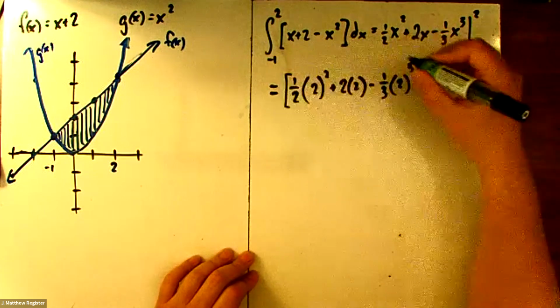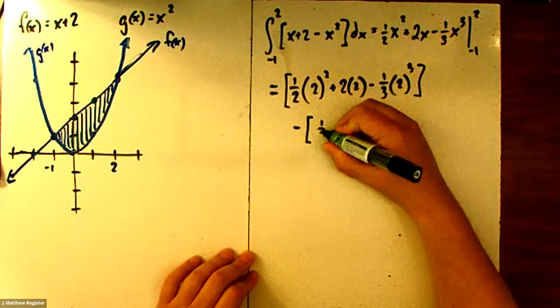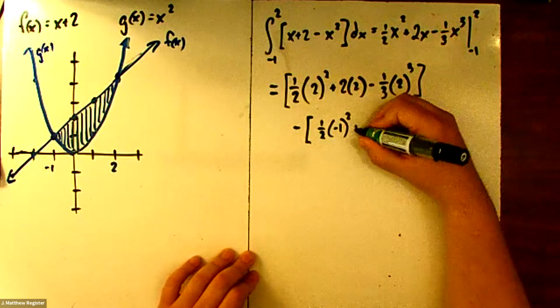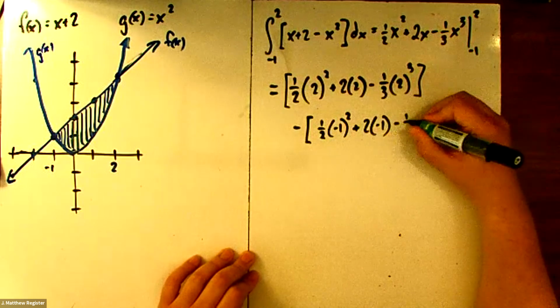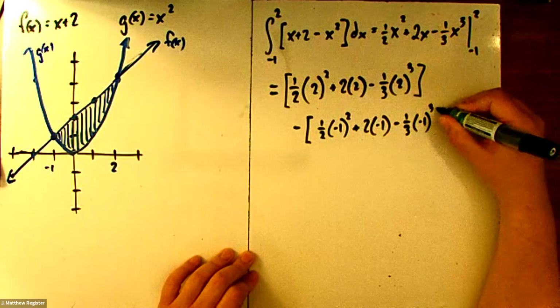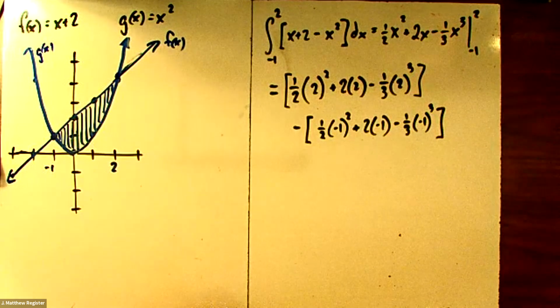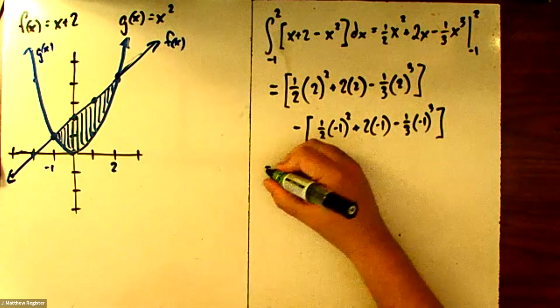So oftentimes I'll just put this in brackets and then I'll subtract the 1/2 times -1 squared plus 2 times -1 minus 1/3 times -1 cubed. Now, there's going to be a lot of sign mistakes and things like that, so definitely be careful with this.